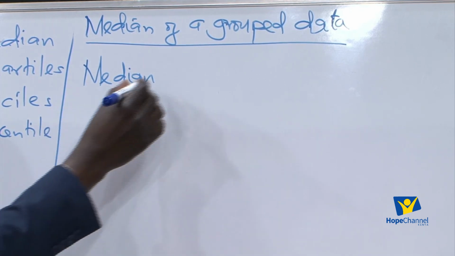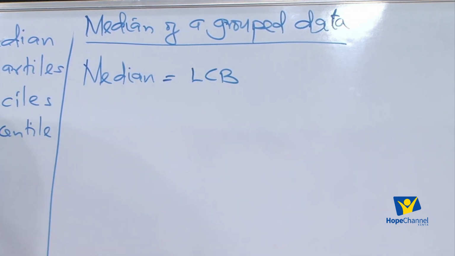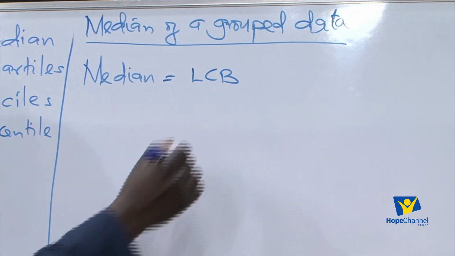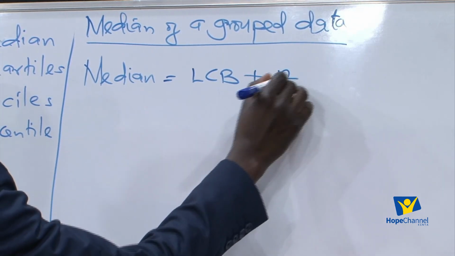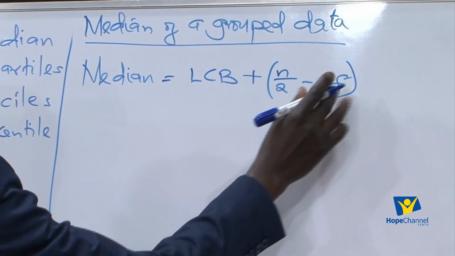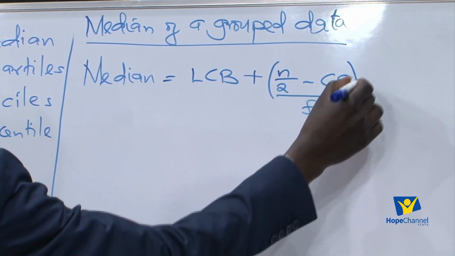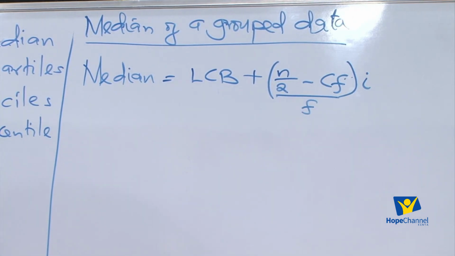So what is the formula? The formula is given by lower class boundary plus n all over 2 minus cf, divided by f, everything multiplied by i, which we call the class interval.